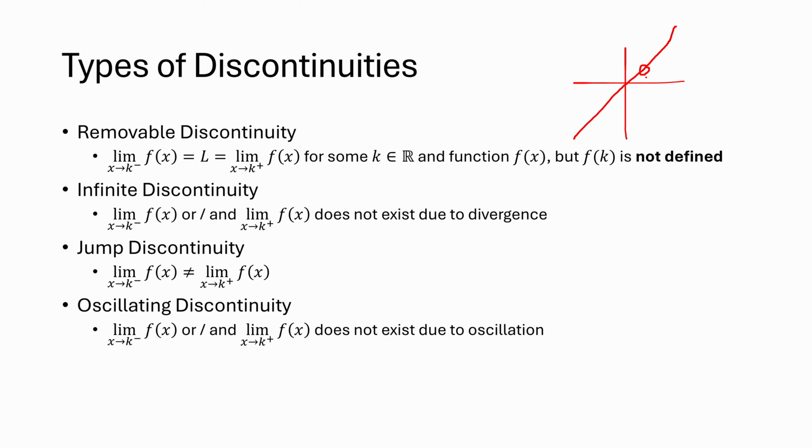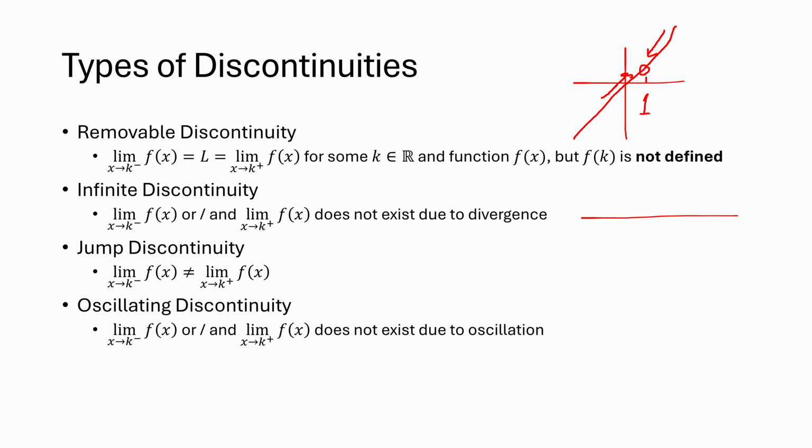So here, for example, it's like here is f of x, but we can see that limit as x goes to 1 minus and limit as x goes to 1 plus of f of x equals 1, but f of 1 is not defined because there's a hole. The hole is called a removable discontinuity.